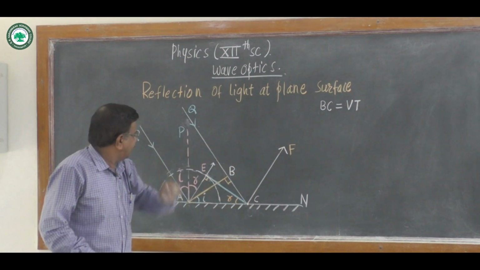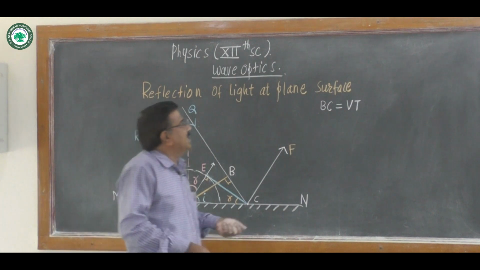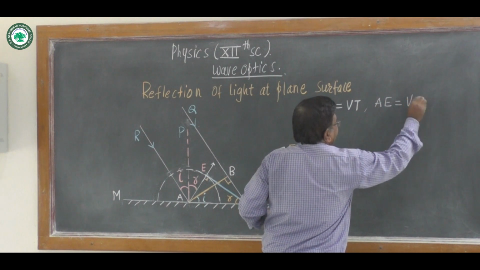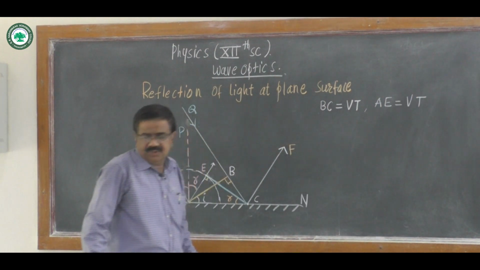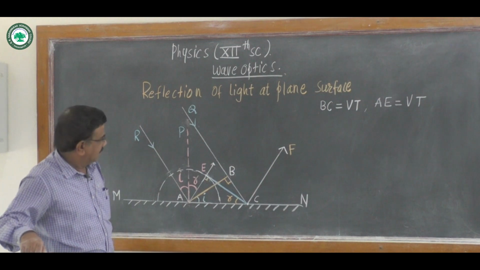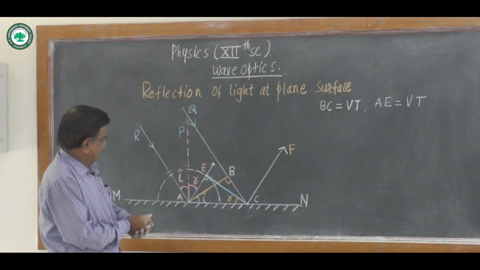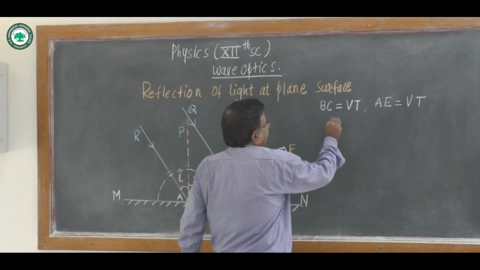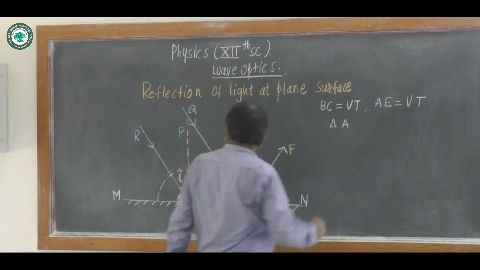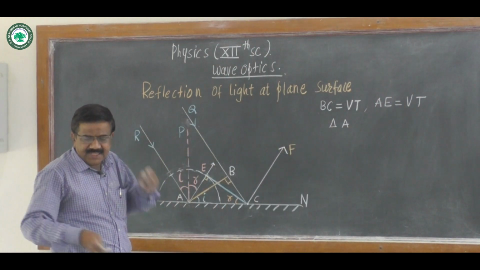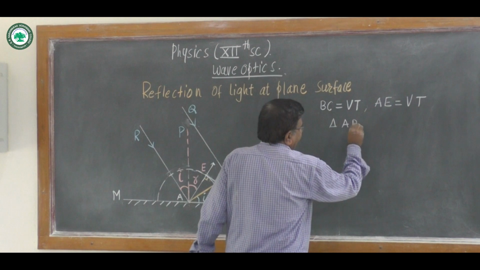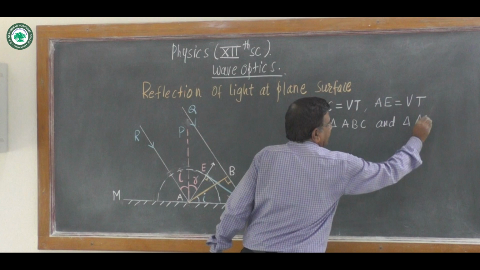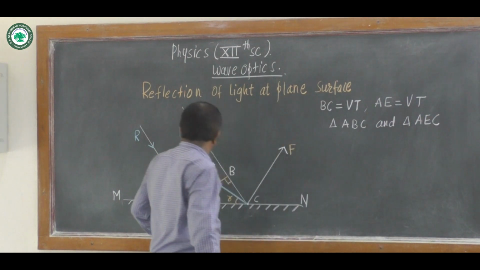BC is v into T. Similarly, this AE is also vT. Now see here, consider the triangles ABC and AEC.